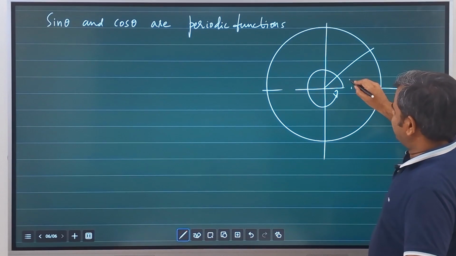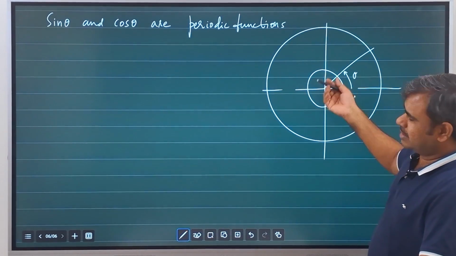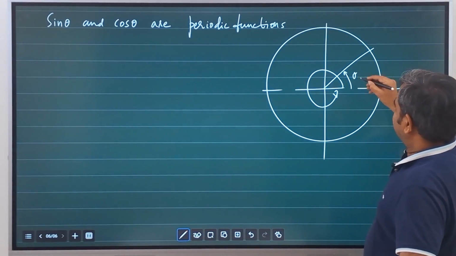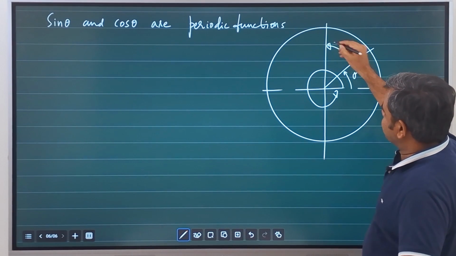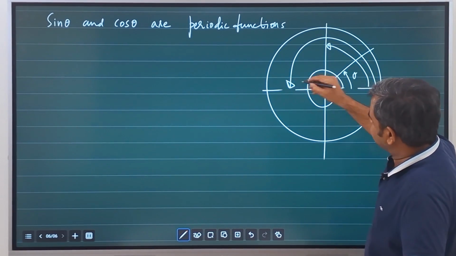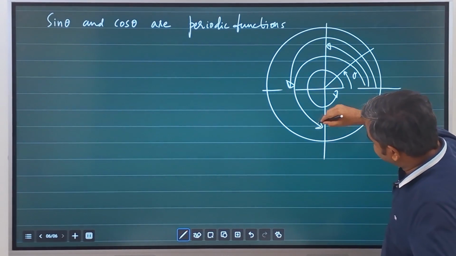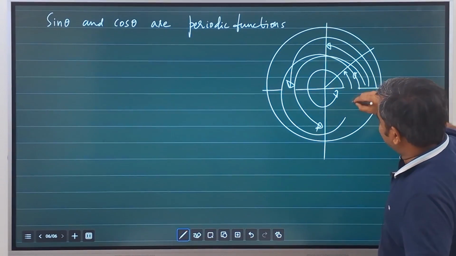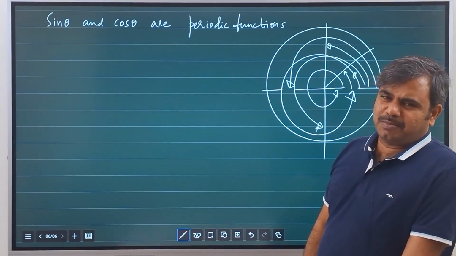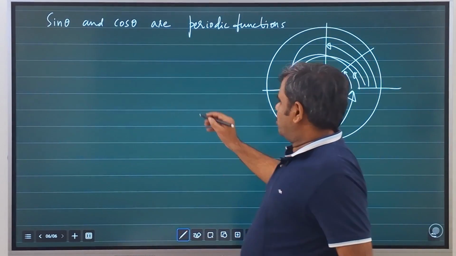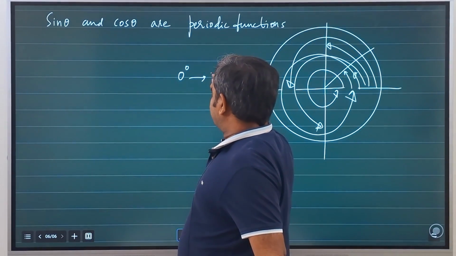In the first quadrant, again it is 360 degrees plus theta. 360 degrees plus 90 degrees, 360 degrees plus 180 degrees, 360 degrees plus 270 degrees, 360 degrees plus 360 degrees. 2 cycles complete. So for one cycle, 0 degrees to 360 degrees.